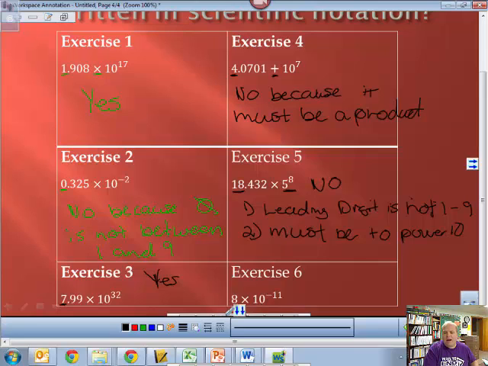Okay. Now, the decimal for 8 is right here. Remember, if I just have a number, I don't always have to write the decimal, but it's always going to be there. And it's also, so one digit, the leading digit is between 1 and 9 and is written to the power of 10. So in this situation, it would be in scientific notation. So I would also say yes in this situation.